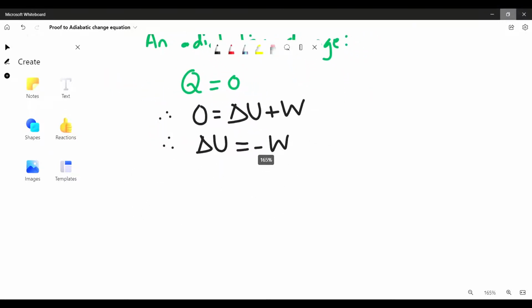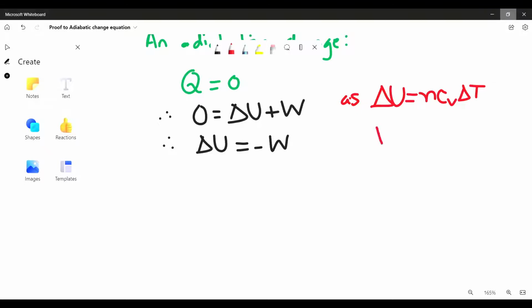And this we can all see. This is trivial. But in fact, proving the relation between the volume and temperature is very simple too. And this can be done by some additional knowledge, which we also learn in Thermodynamics 1 itself, being delta U is equal to n C_V delta T, where C_V is our molar specific heat capacity at constant volume.